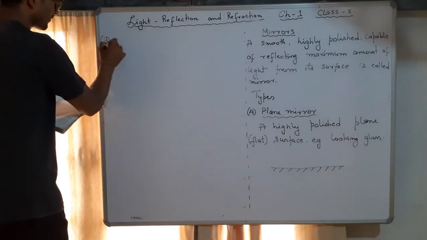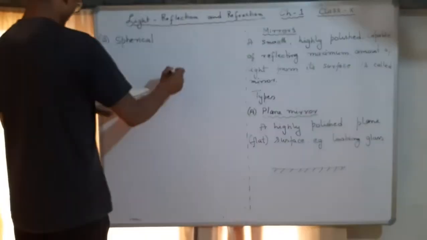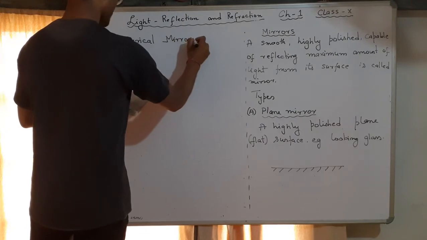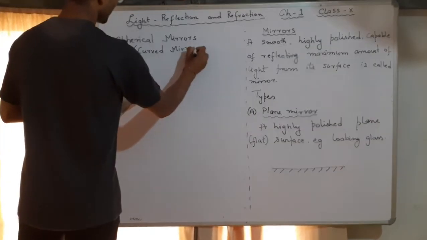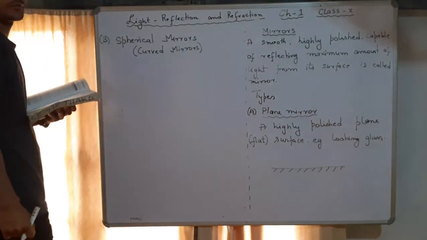You can pause the video at times to see and revisit the previous part if you are not clear. Remember what is sphere? Spherical comes from there. Spherical mirror. There are also curved mirrors. The name itself suggests it is non-plane, curved, spherical.